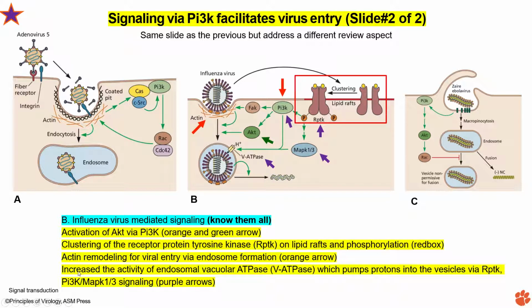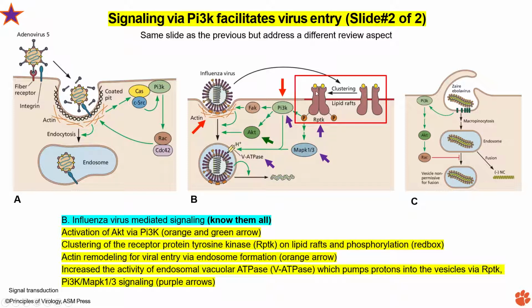And then you have the increased activity of the vacuolar ATPase, VATPase. So the VATPase activity pumps the protons, or the H plus, into the vesicles. And this signaling is through the RPTK and PI3K, see that both are working in here.